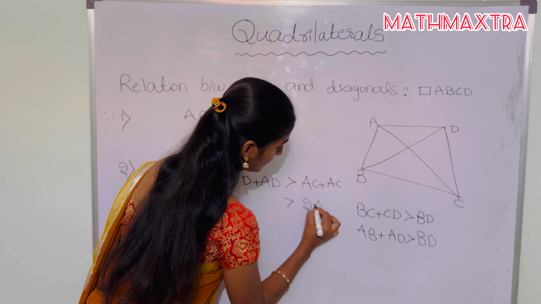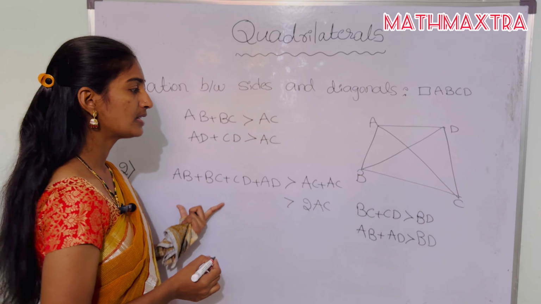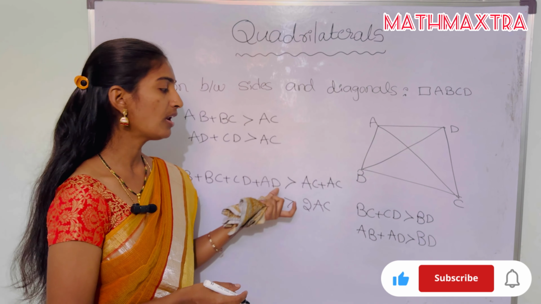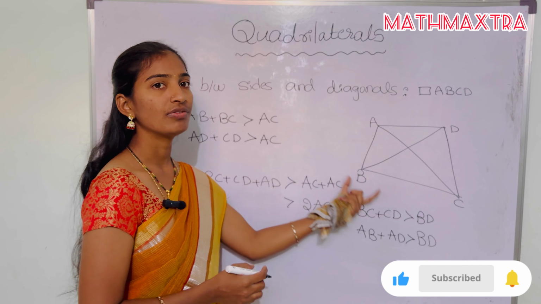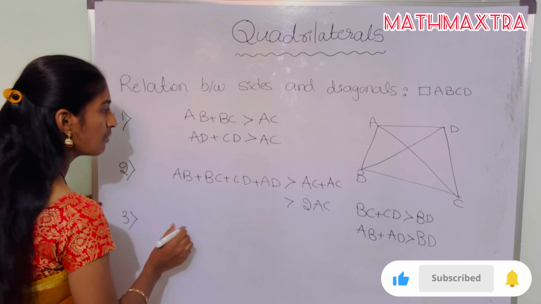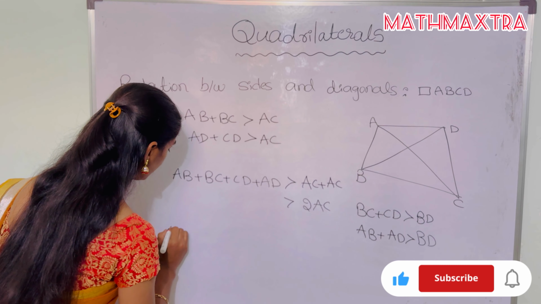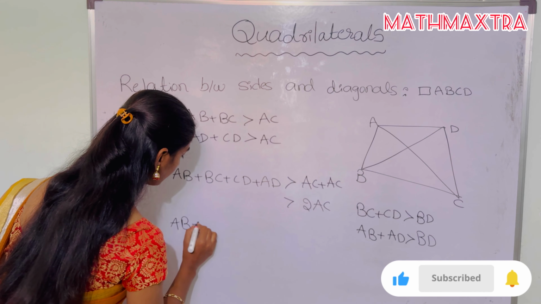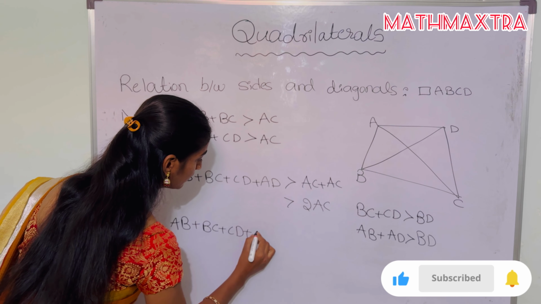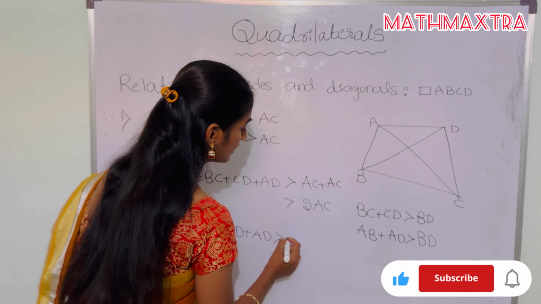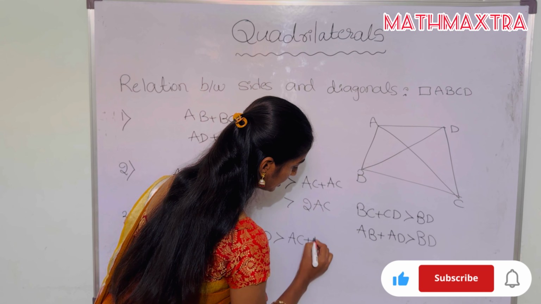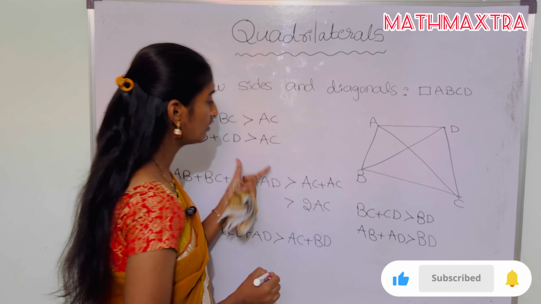This is 2AC, right? So the sum of all the four sides of a quadrilateral is always greater than twice its diagonal. The third relation is the sum of all the sides of a quadrilateral, which is always greater than the sum of the diagonals, which is nothing but AC plus BD.